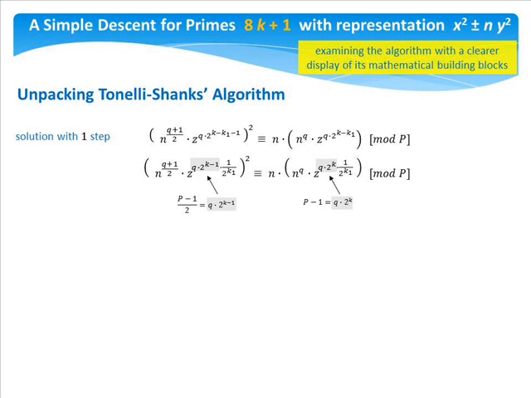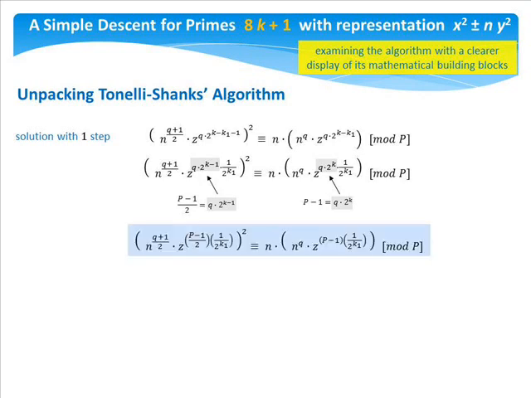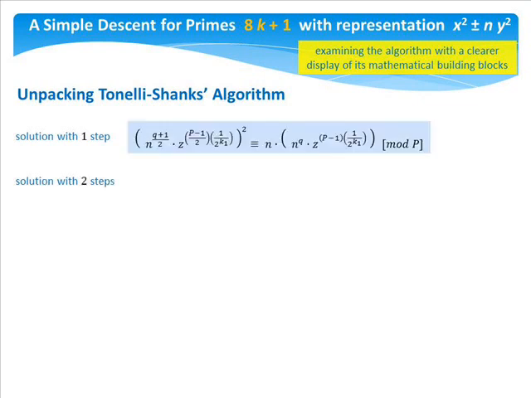Since q times 2 raised to k minus 1 equals p minus 1 over 2, we can simplify the expression. Therefore, the exponent of z is p minus 1 over 2 times 1 over 2 raised to k sub 1. The same reasoning applies to the right side of the congruence.